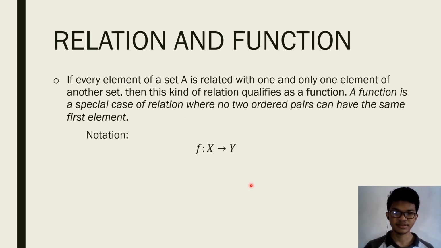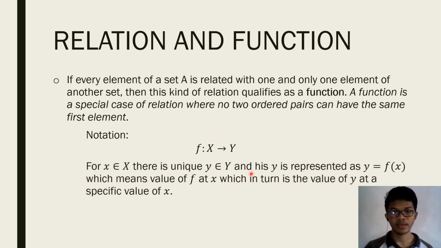Look at this notation. This notation denotes that f is a function from X to Y. For x an element of X, there is a unique y an element of Y, and this y is represented as y equals f of x, which means the value of f at x, which in turn is the value of y at a specific value of x.